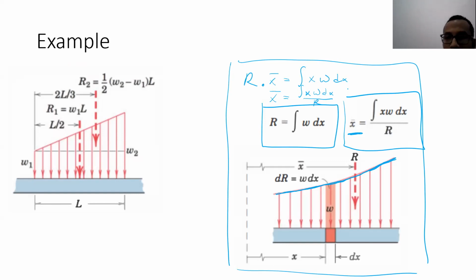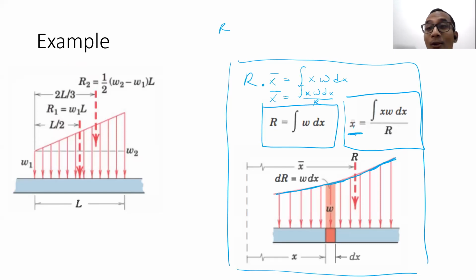X bar is to find the location. Is it the replacement of the force? No. R is the replacement of the distributed force. R is a concentrated force which can represent the distributed force.